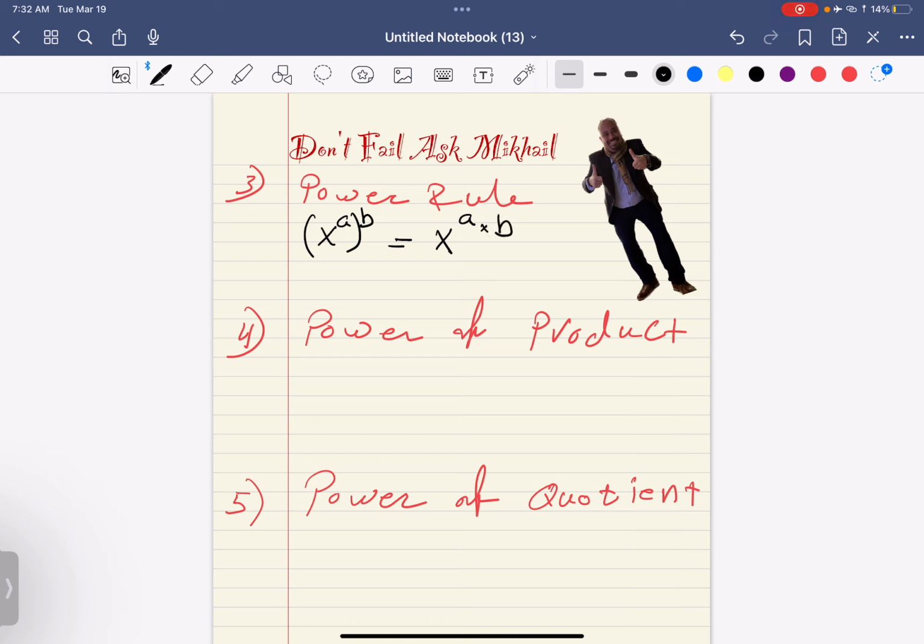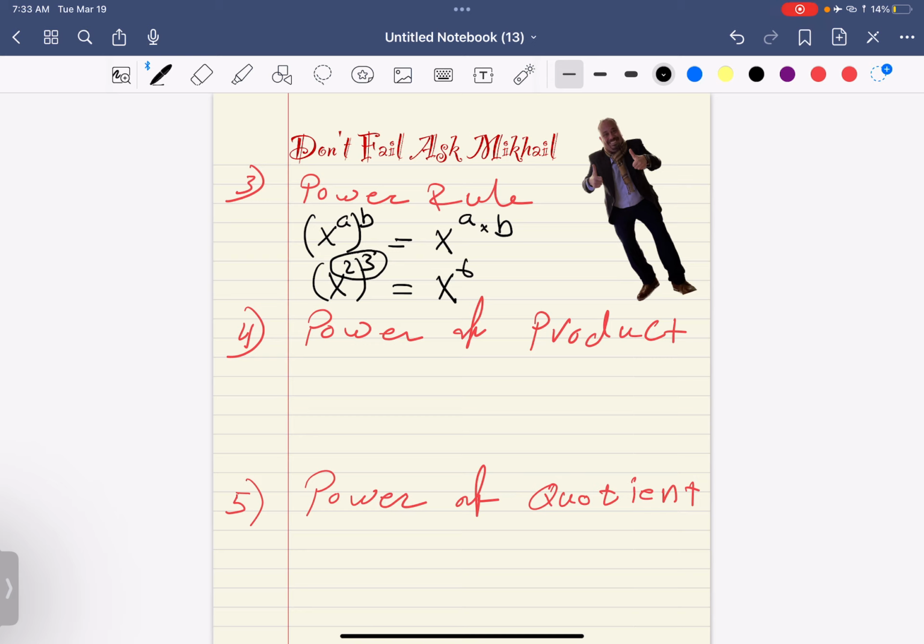We're going to use this rule a lot. Example, x squared to the power 3 equals x to the 2 times 3, which is x to the 6.